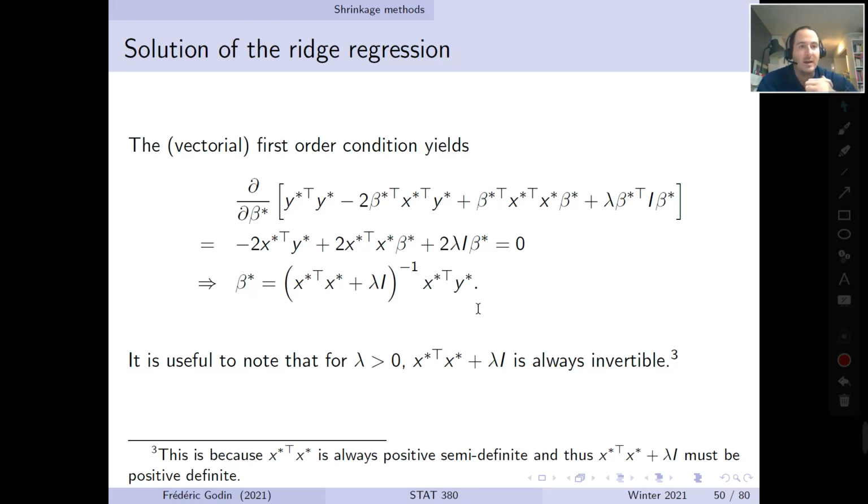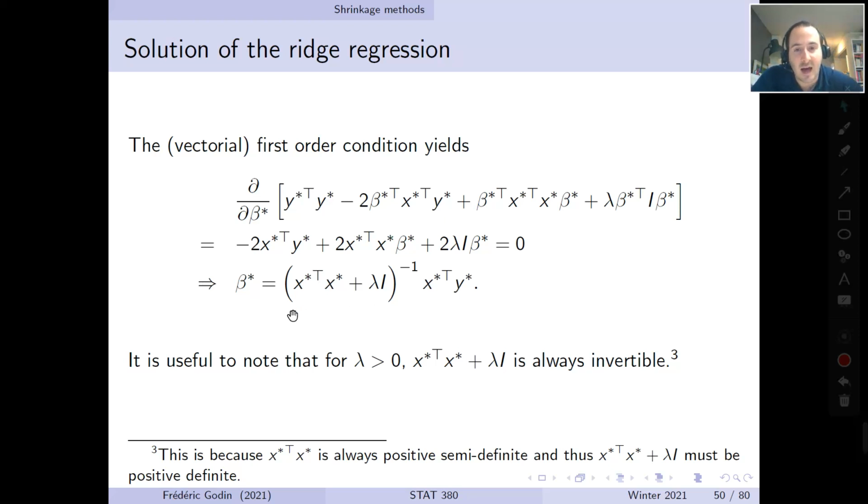Conversely, if lambda tends to infinity, then this part will become negligible with respect to this term as lambda becomes extremely large, and therefore the inverse of this will simply be approximately 1 over lambda times the identity matrix, which will converge to 0.